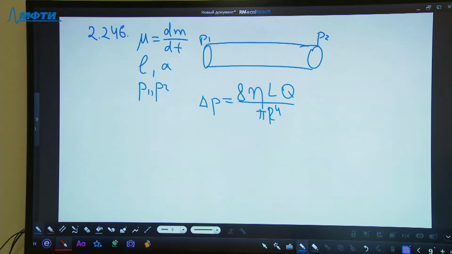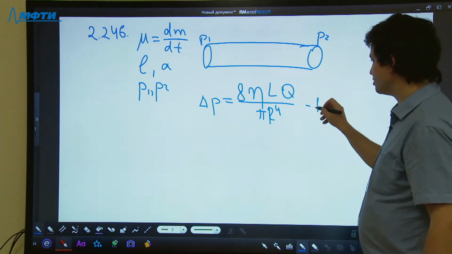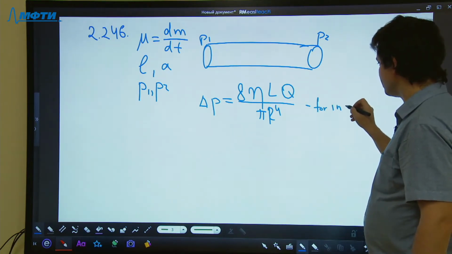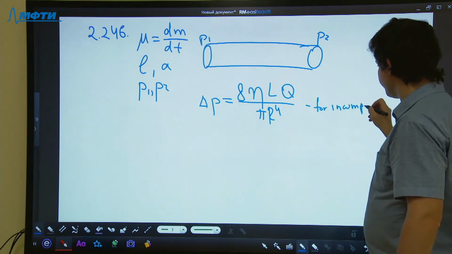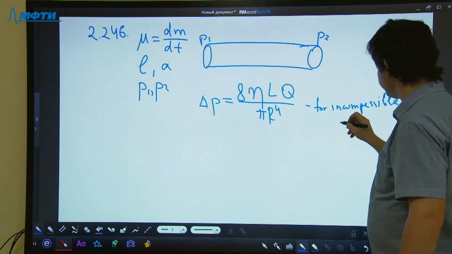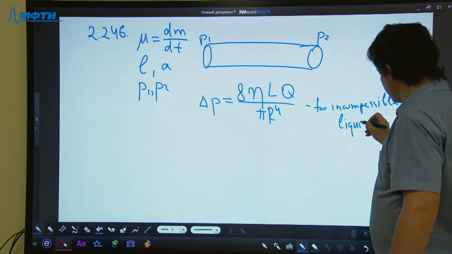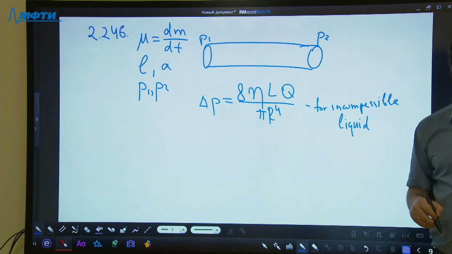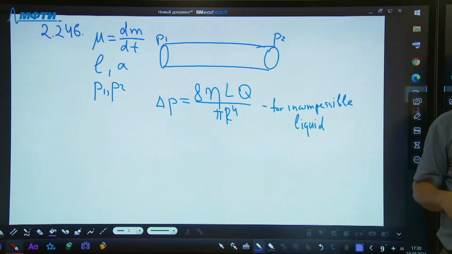The most important part is that it deals with gas, not with liquid. This equation was derived for incompressible liquid, and now we deal with compressible gas.